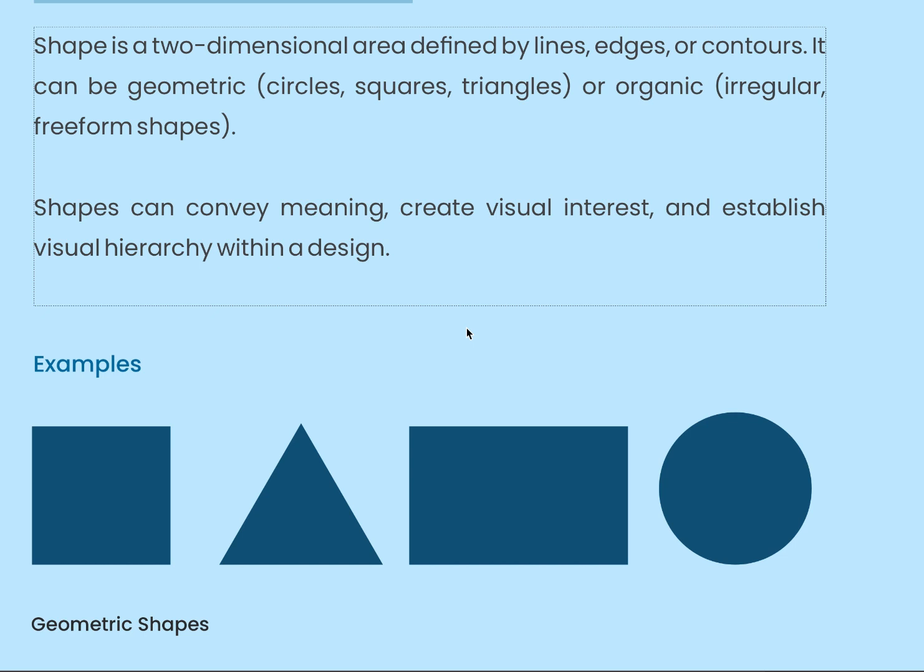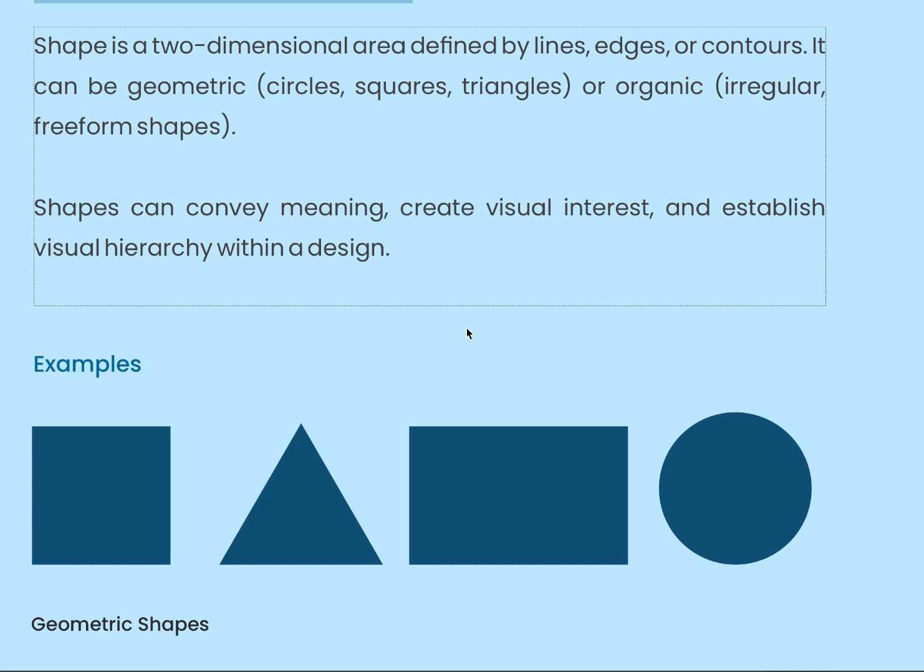It can be geometric like your normal circle, your square and your triangle, or organic like freeform shape. Shape can convey meaning, create visual interest and establish visual hierarchy within a design. When we talk about shape conveying meaning, there is something called the psychology of shapes, and I'm not going to be dwelling too much on it in this video.